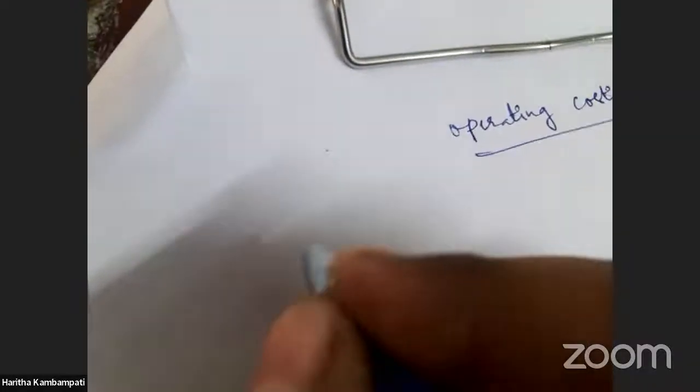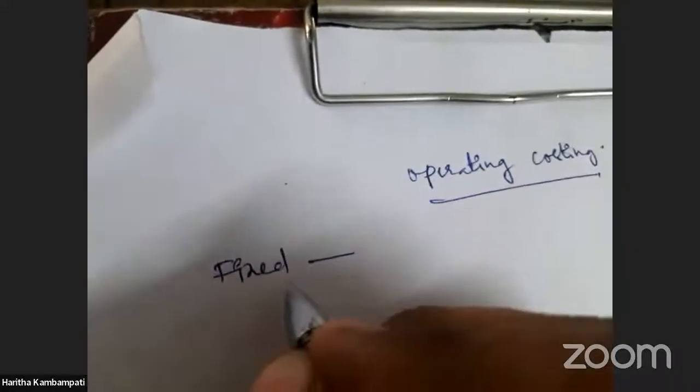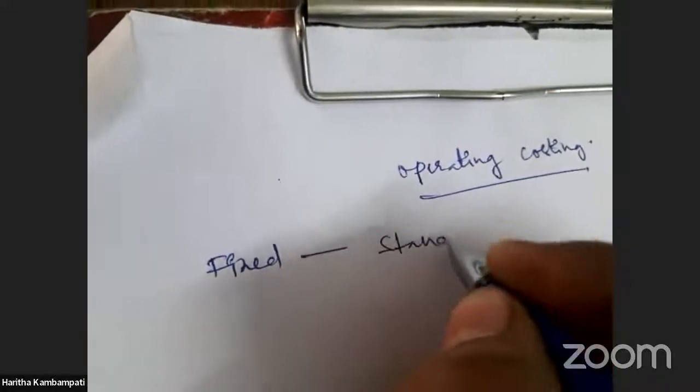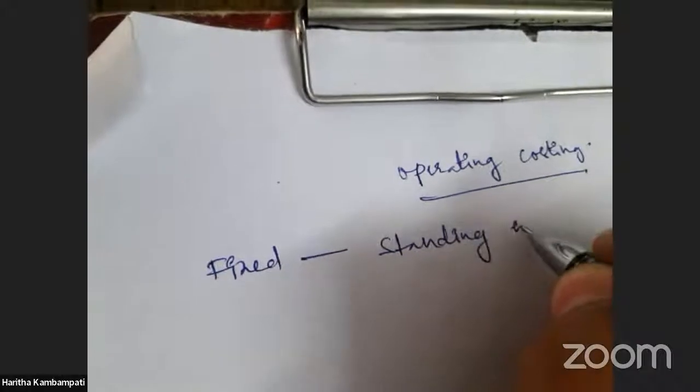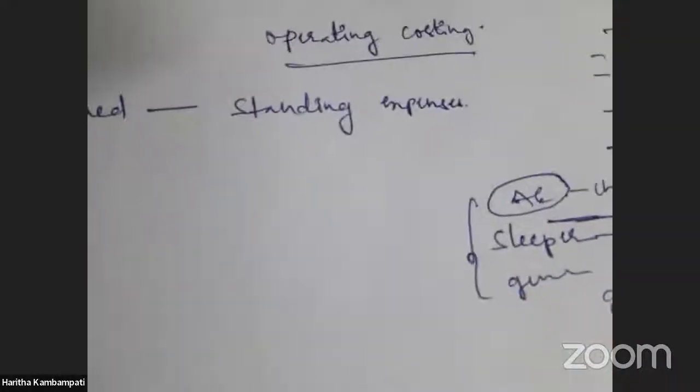Under this operating costing system, we are going to classify the cost into fixed cost, but we are not going to mention it as fixed, we will be using the word standing expenses. Standing expenses.